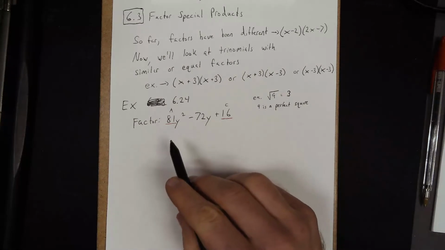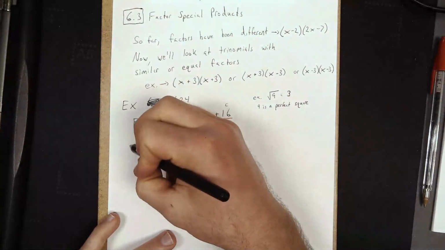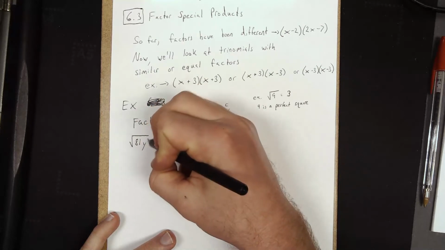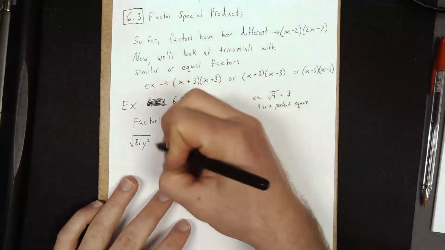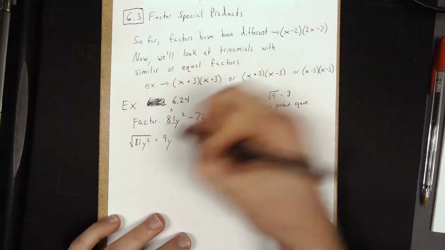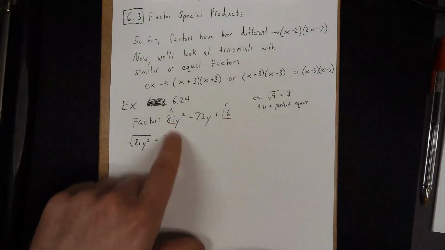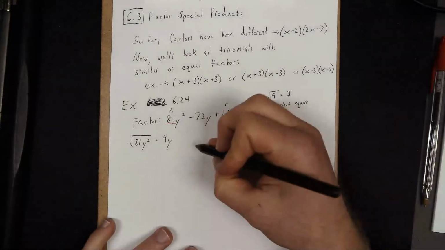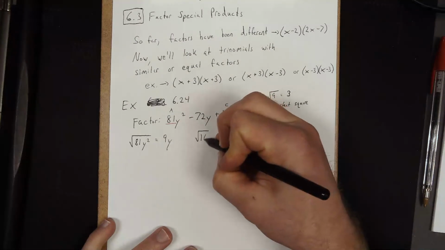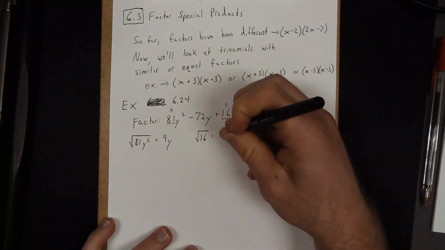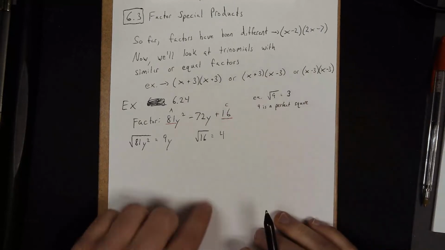So 81y squared, well, let's check. I can take the square root of this entire term, and that gives me 9y. So 81 is a perfect square. How about 16? Yep, it's a 4.